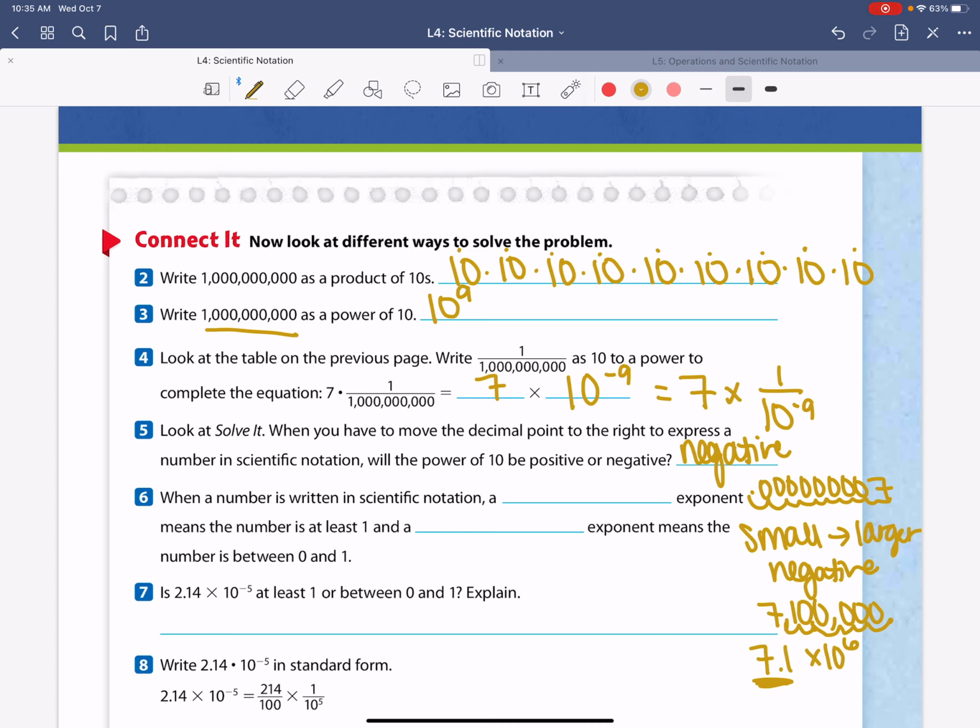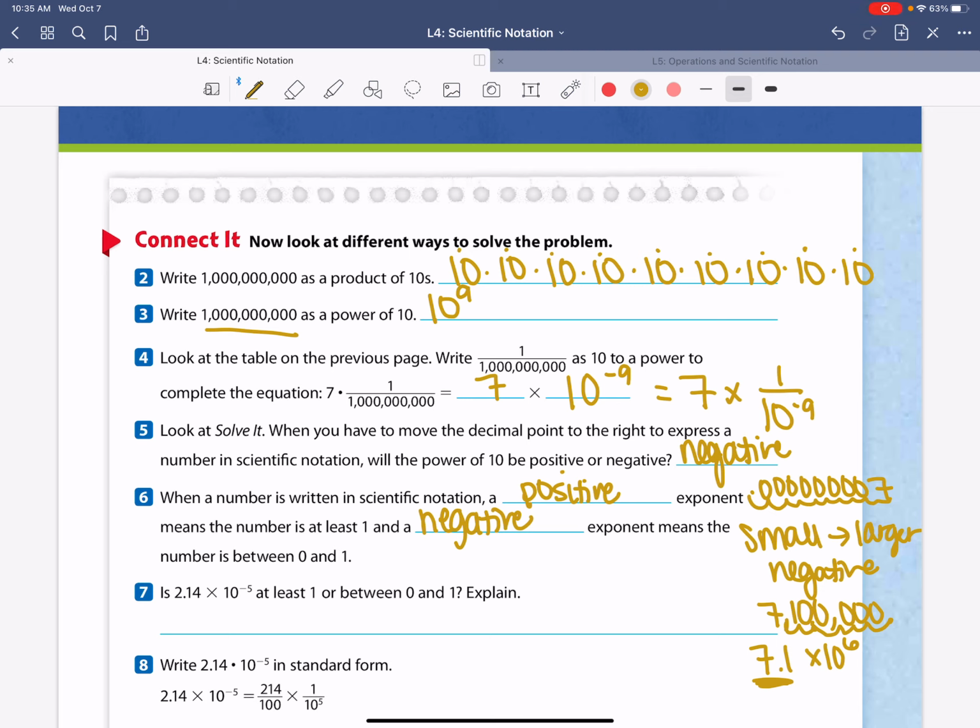Number 6, when a number is written in scientific notation, a blank exponent means the number is at least 1, and a blank exponent means the number is between 0 and 1. A negative exponent means that number is very small, and a positive exponent means the number is at least 1.